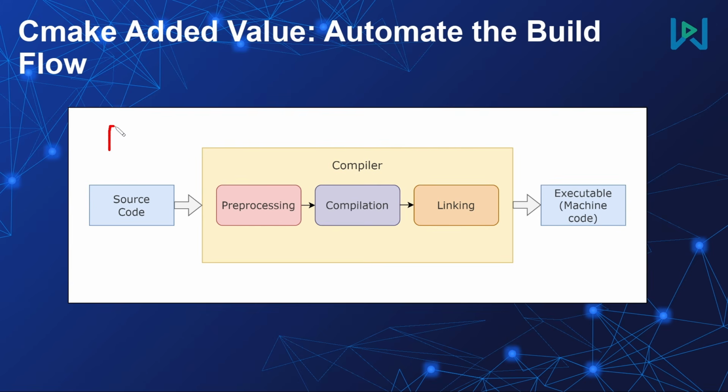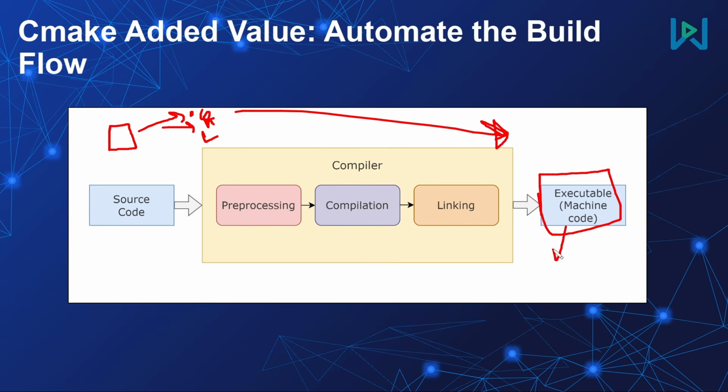An embedded system-based project consists of a set of sources, headers, and of course a linker script. And the main idea is to generate out of this project a single binary that will be loaded into our embedded system device.